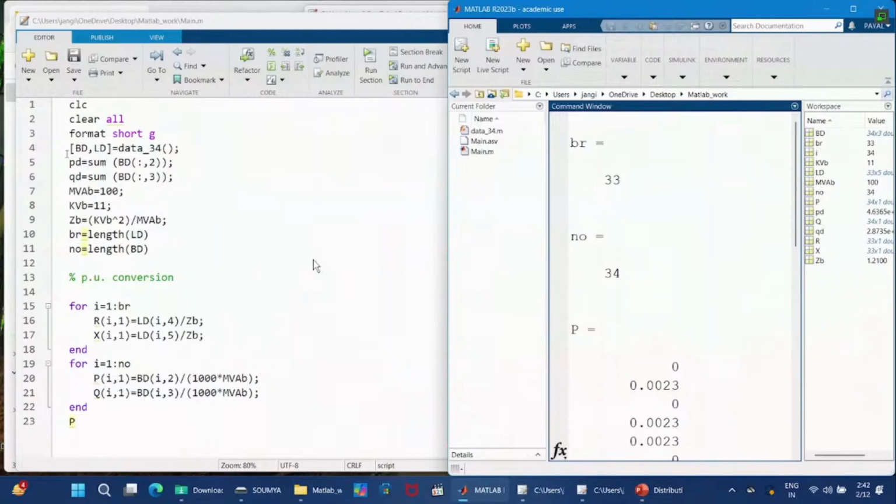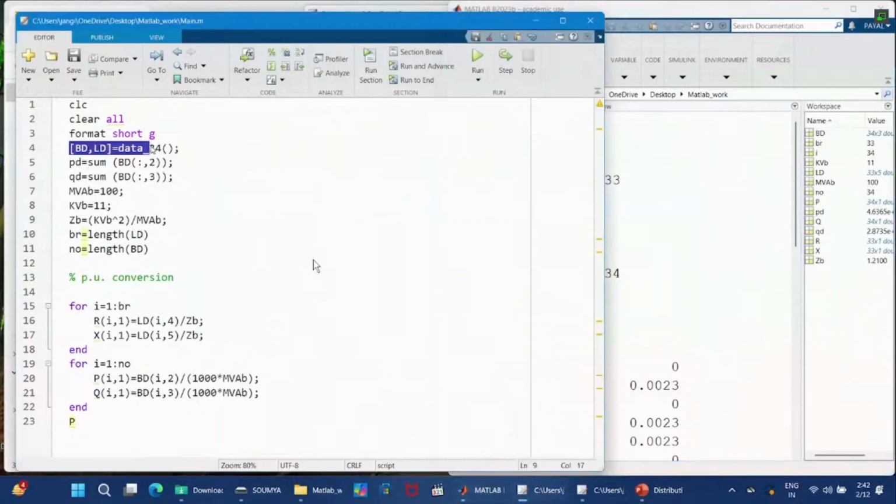You just call this line number 4, and after that just write branch length of LD. Initially, you save the line data, whatever I have shared in the WhatsApp group, in a folder and create another file in the same folder, then it will be linked.